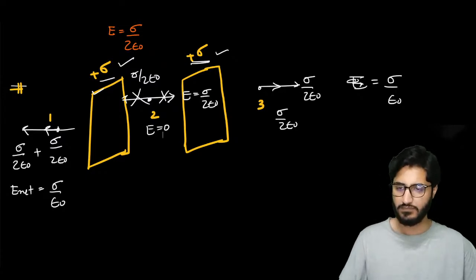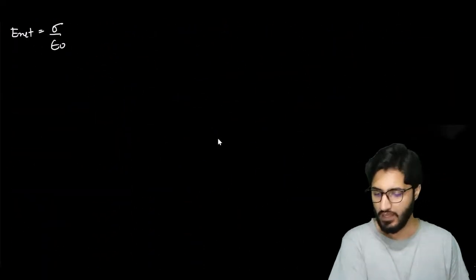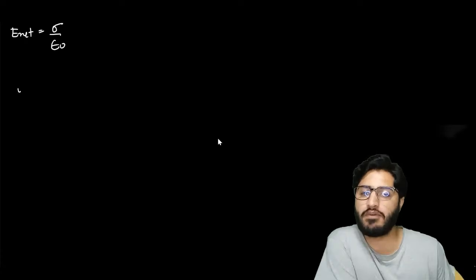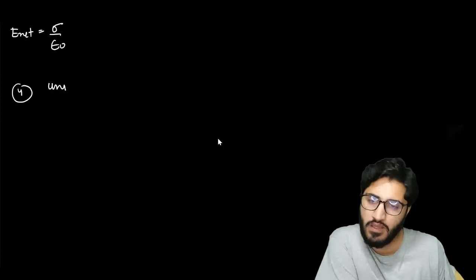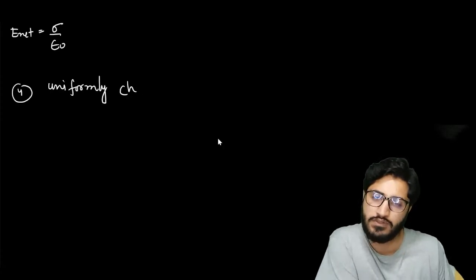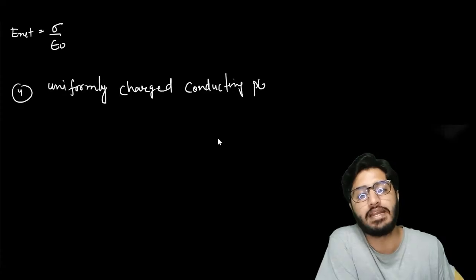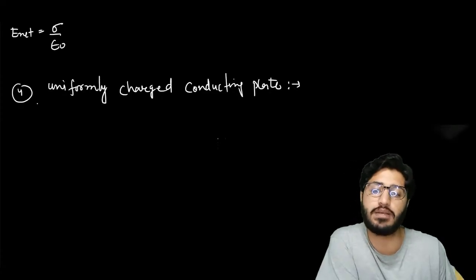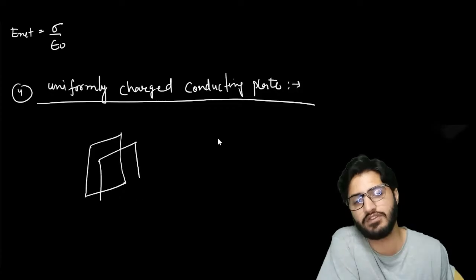Done? So I guess we had done 4 applications. Application number 4: if we have a uniformly charged conducting plate. It is not a sheet, it is a plate, meaning a sheet with thickness.